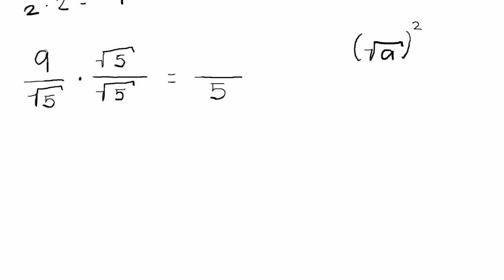Now, for this part, we have to know another equation, that a times the square root of b is equal to a square root of b. You can't multiply this number by this number. Don't make the mistake, this is incorrect.